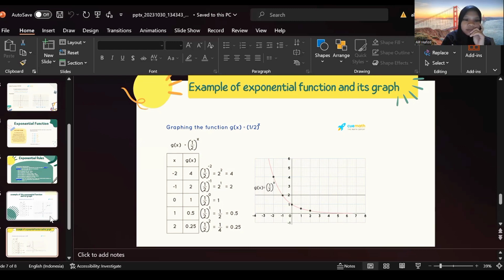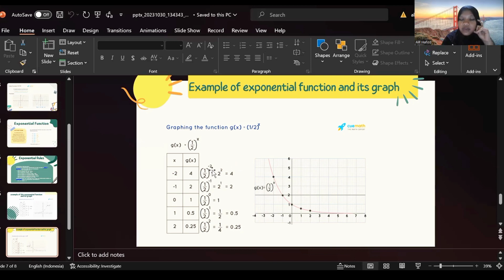So I will explain some of this. This is the function, and these are the x values we got. When we have this function, it means we have the rule, the formula. We just have to input the x data into this function, just like this. We can use -2.